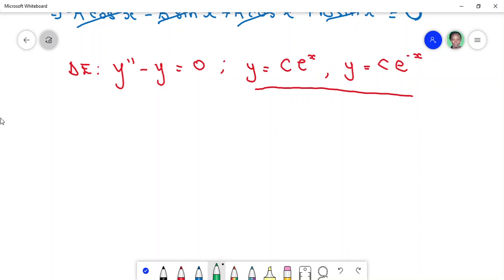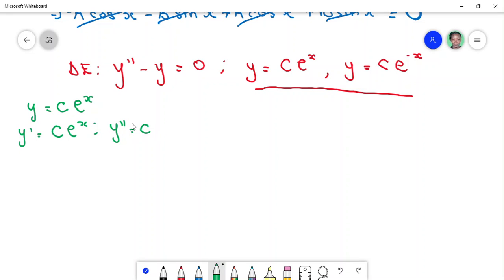Let me pick the first one. We have y equal to c e to the power x. Let me find the first derivative, that is differentiating with respect to x. When you differentiate the power exponential function, you differentiate the function at the exponent. So if I differentiate this, I get 1, you multiply by the whole thing, you still have c e raised to the power x. If I find the second derivative, y prime prime, I still have my constant.